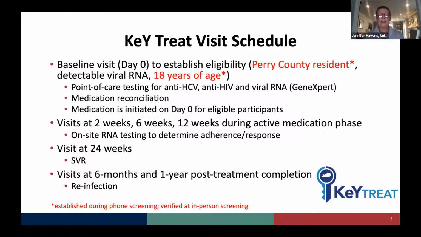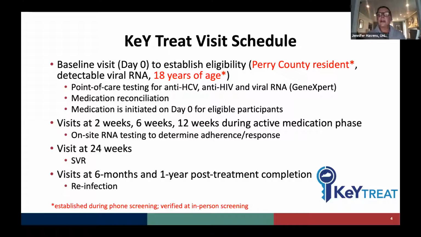Going through our visit schedule, we have a baseline visit. It's day 0 to establish our eligibility. They have to be a Perry County resident, and that's because, as Dr. Compton mentioned, we did have a donation for our drug, so we have a limited supply of drug. Detectable viral RNA, and they have to be at least 18 years of age, and that again is due to the drug and the FDA approval.